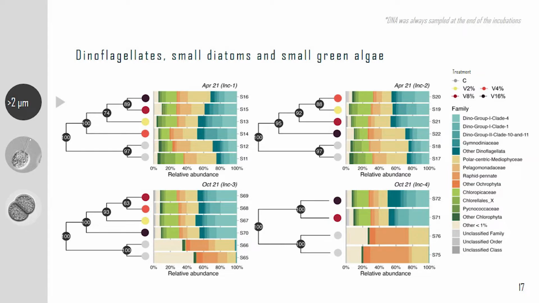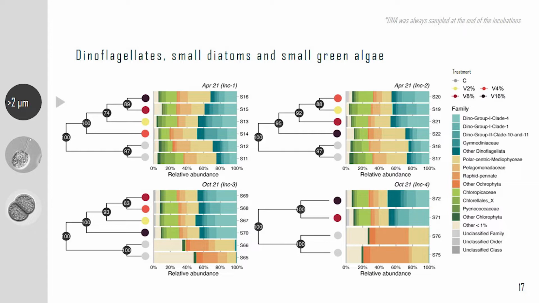In fact, as we take a look at the family level, we are seeing 3 types of dinoflagellates that are identified as parasites of other dinoflagellates, like the Gymnodiniaceae, which is the 4th most abundant dinoflagellate in our incubations. Also, some diatoms like the polar-centric Mediophyceae, which is the most abundant one in our incubation.